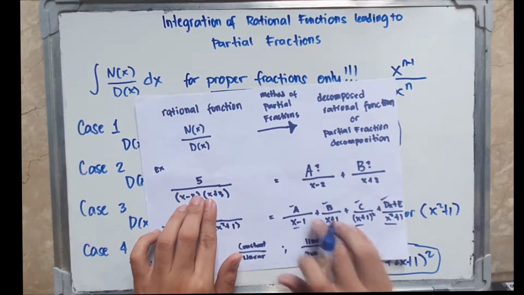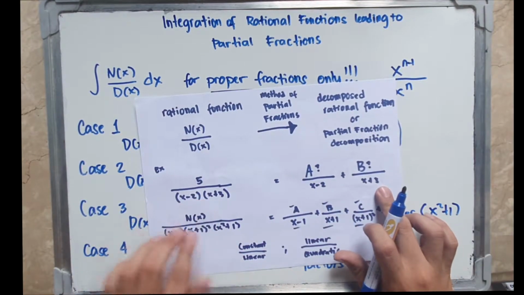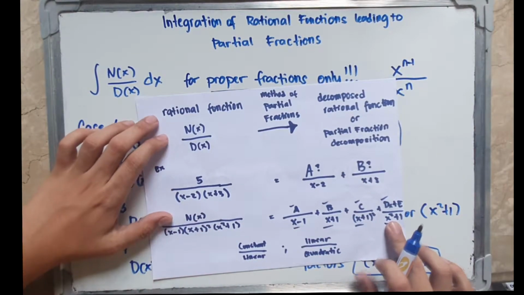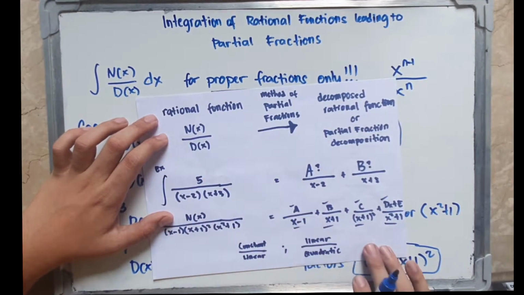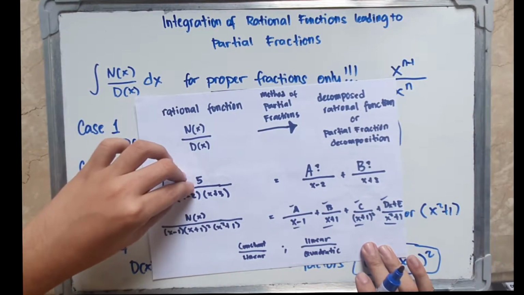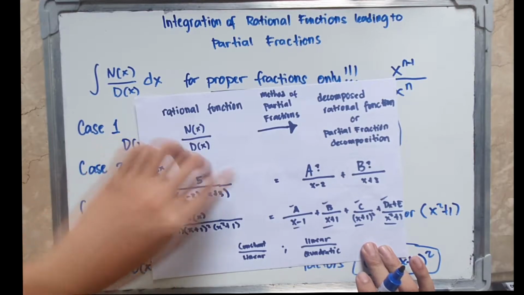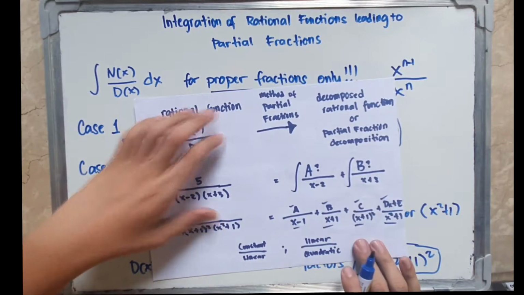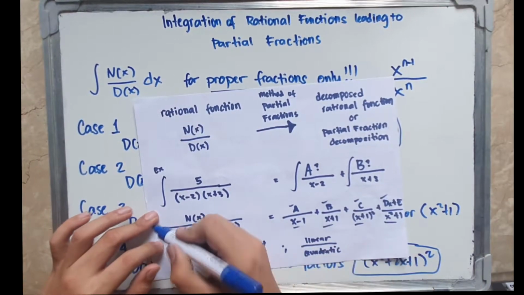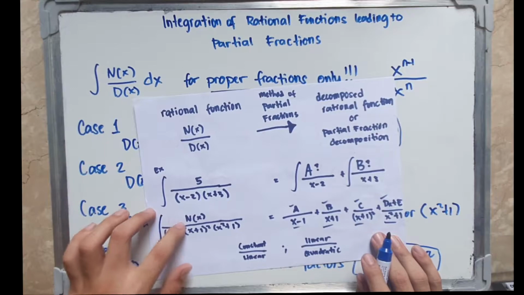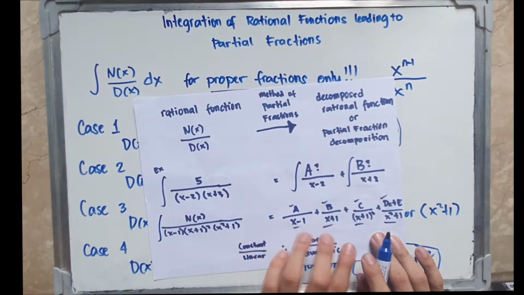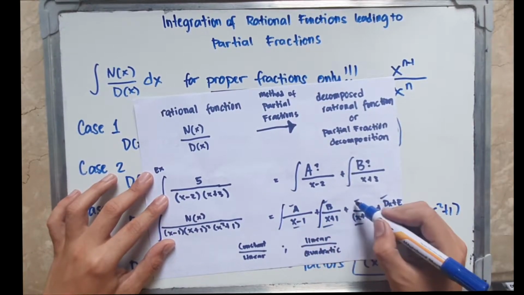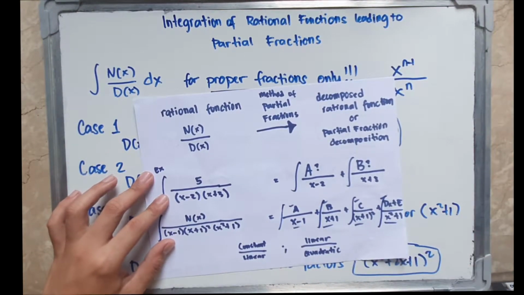So we will be using this method, this rational function converted into partial fraction decomposed form. From this one, we will be finding this one. Since our topic is integration, if you have an integration for this rational function, and it is equivalent to this one, then we also have an integration of this part right here, and the individual integral of the following.